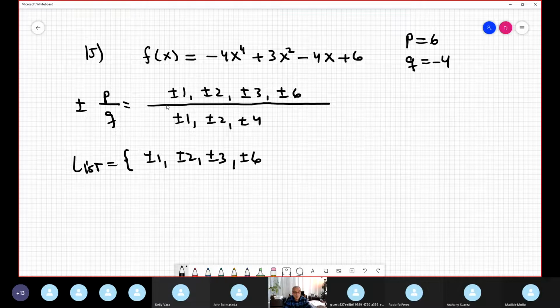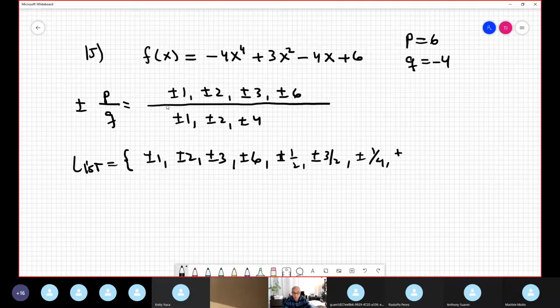Why not? It's 1 combined with the top, everything in the top. So now the next is 2/1 is 1/2, 3/2, plus or minus 1/4, 3/4, and that's it. Because the next is repeated, you don't consider it, right?